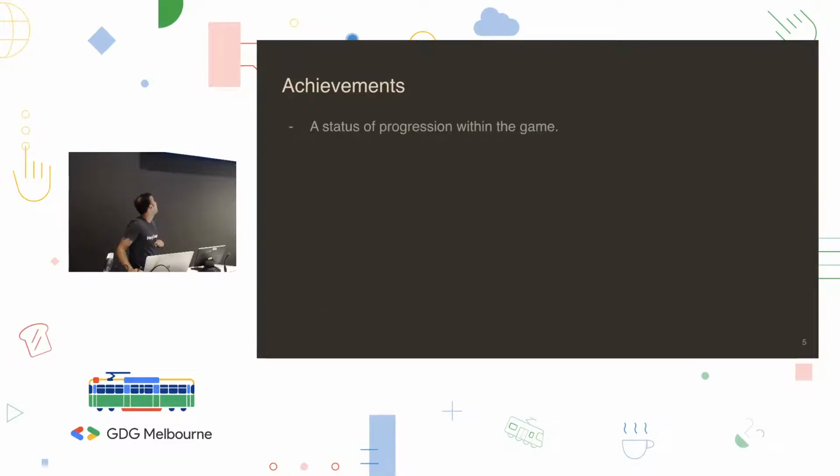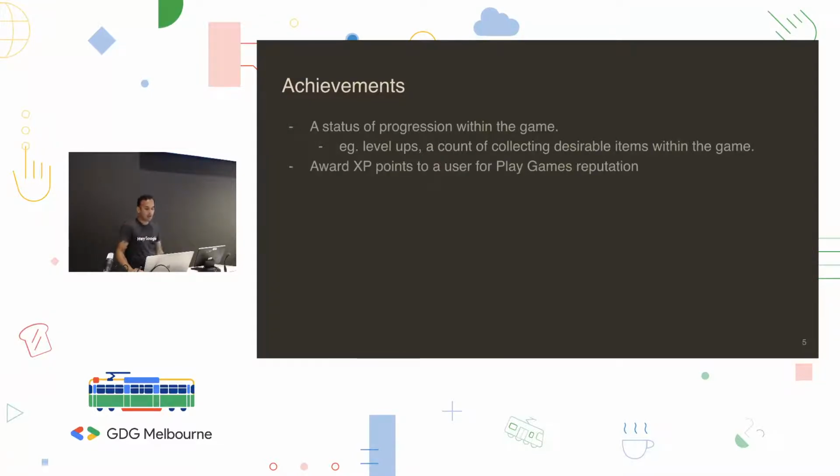Achievements are really a way to embody progression within a game. Level ups, for example, are a kind of collecting desirable items, which kind of meets the end of the game. You can also award XP points.